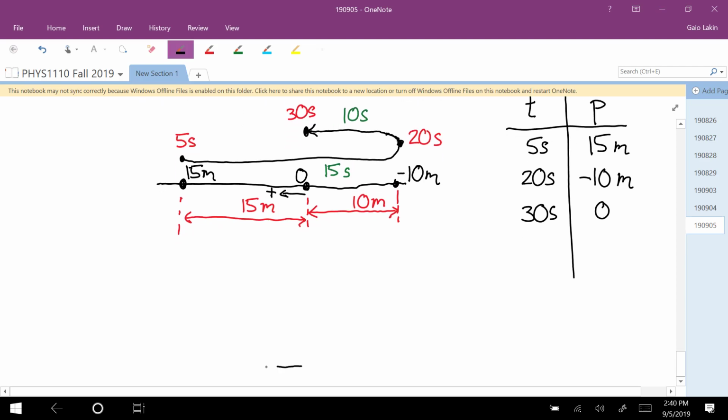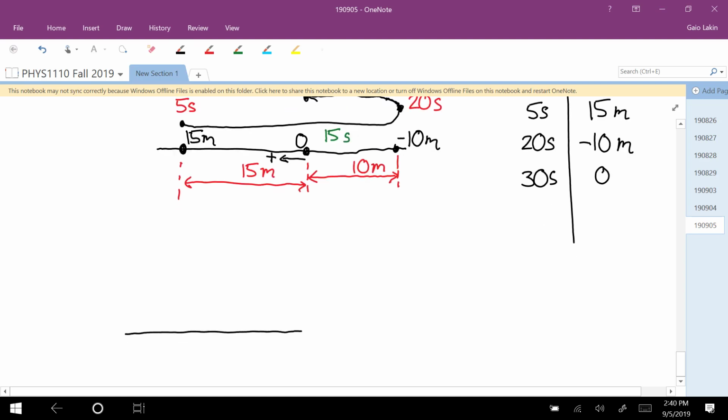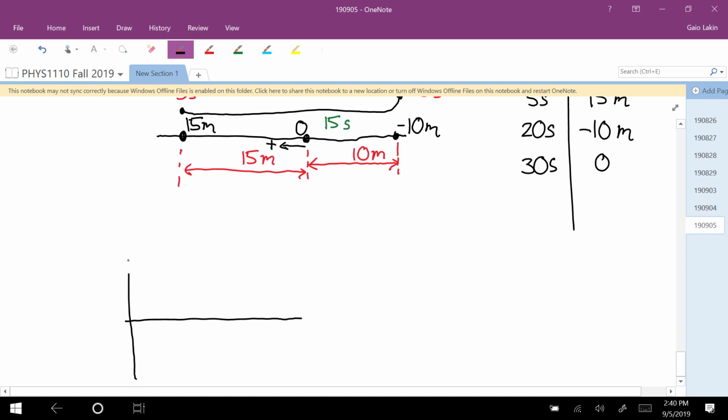And now to plot this, the times that matter are, well, 0 doesn't come up, 5 seconds, 20 seconds, and 30 seconds.